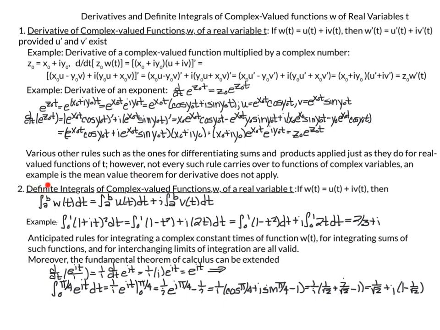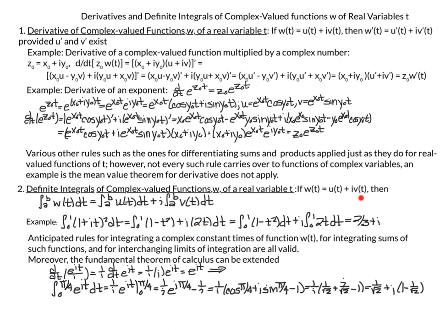We continued with definite integrals of complex valued functions of a real variable t, and we said if w of t is equal to u of t plus i v of t, then the integral of w of t dt is equal to the integral of u of t plus i times the integral of v of t. And we have this example here. So if we have the integral from 0 to 1 of (1 plus it) squared, when we square 1 plus it, we get 1 minus t squared plus i 2t.